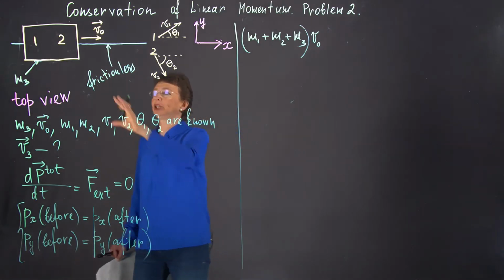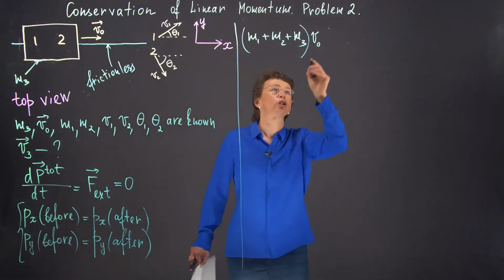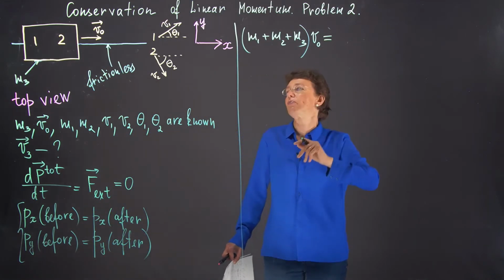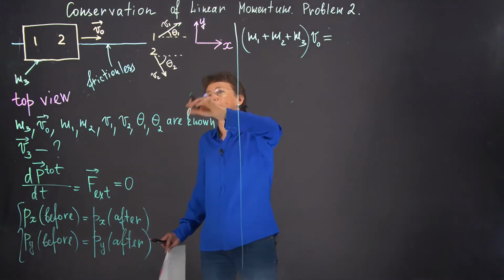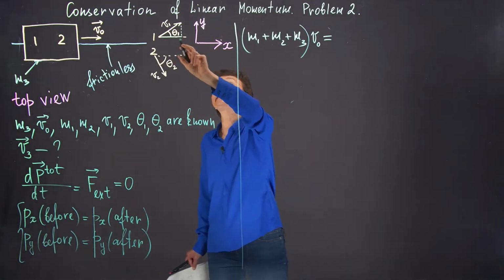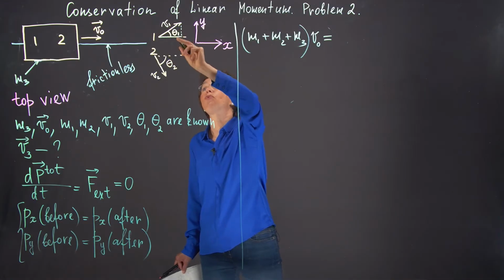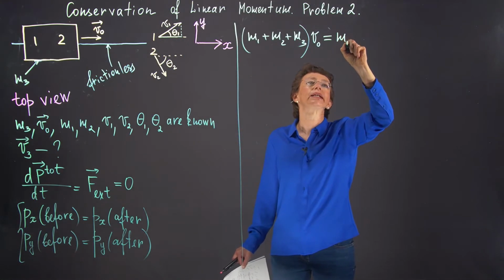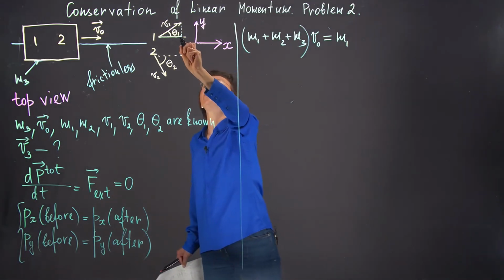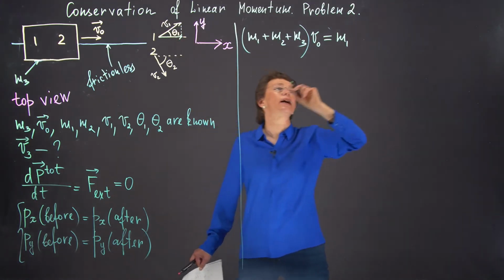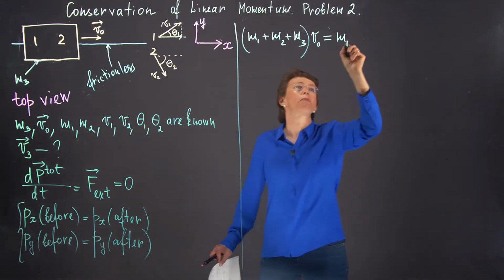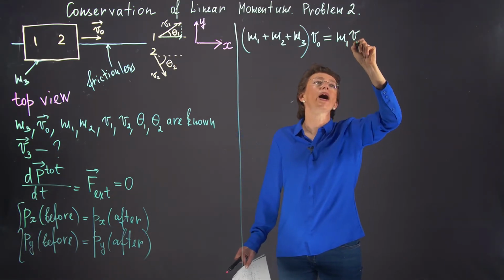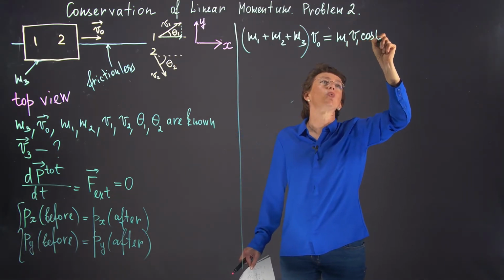And this is my total momentum, the x component of total momentum before they jump. What is the x component of linear momentum of rider 1? It is m1 v1 cosine theta 1, positive.